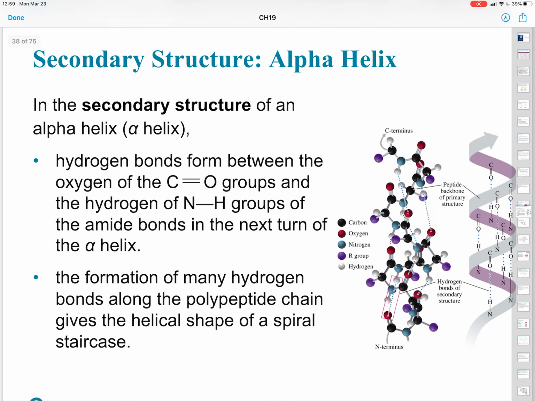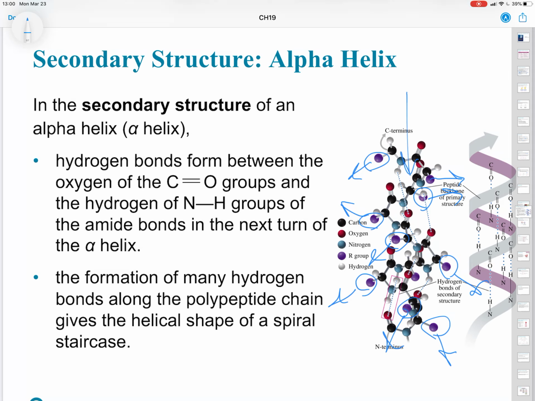So the alpha helix forms basically between the backbones of the amino acids. It's done in such a way that all the R groups point out. There are no R groups pointing in. This kind of keeps all of the hydrophobic bits on the inside and hydrophilic stuff on the outside.